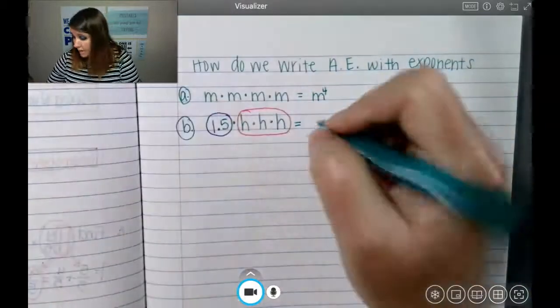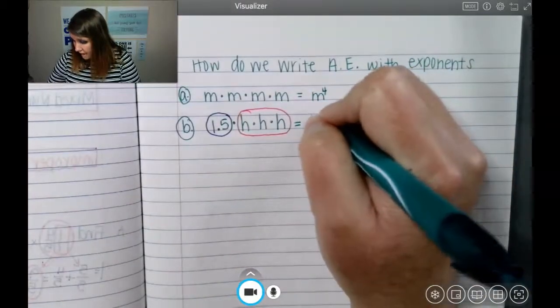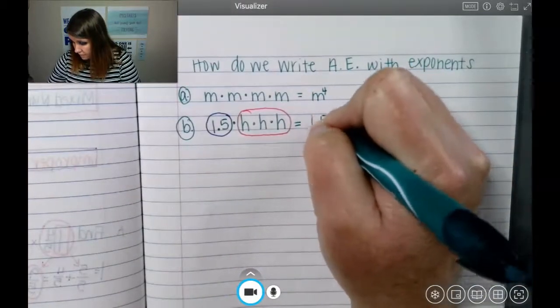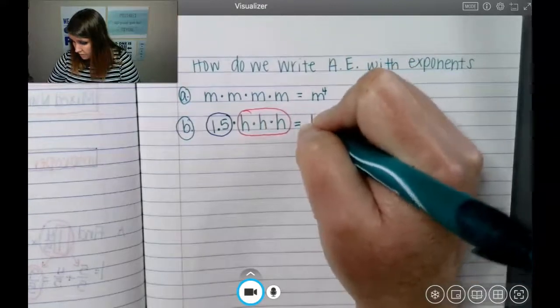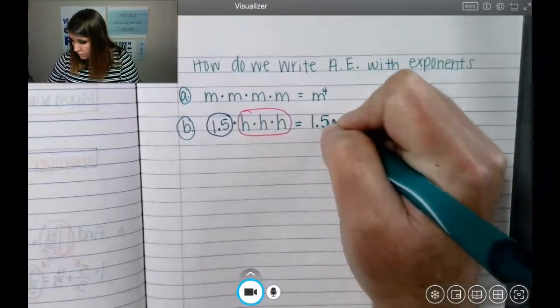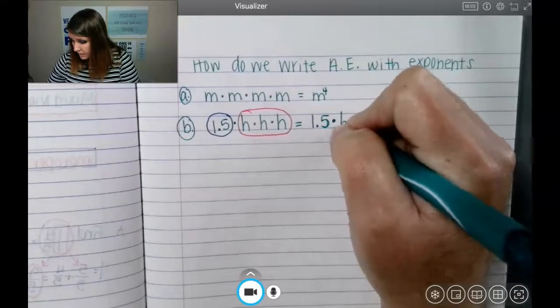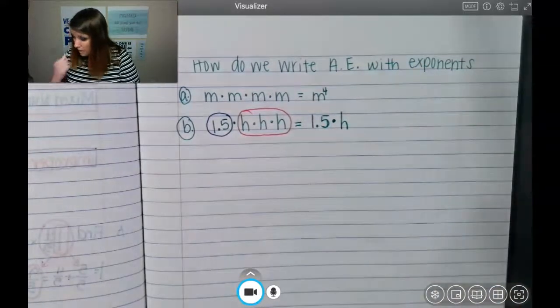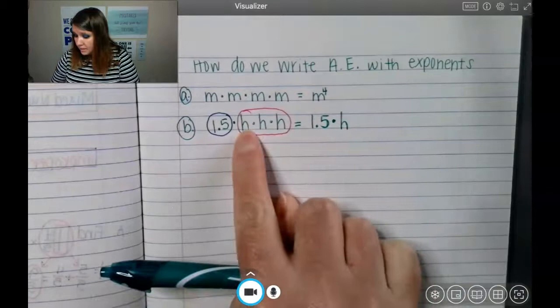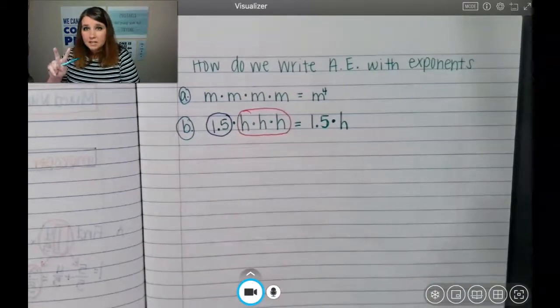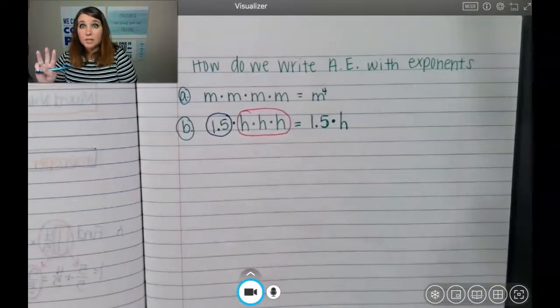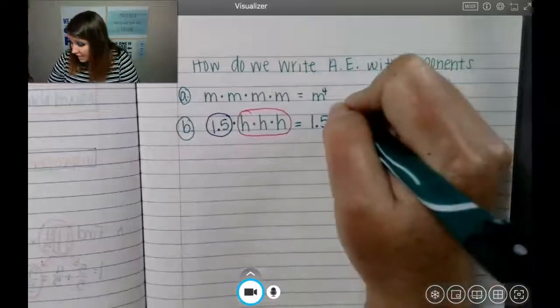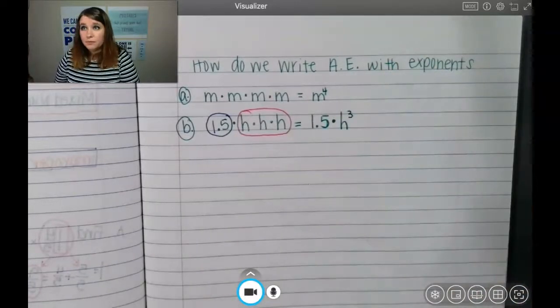So we would write 1.5 and we would multiply that times h, and we would say it's all about the h, about the h, about the h, 3 times. So this would be h to the power of 3.